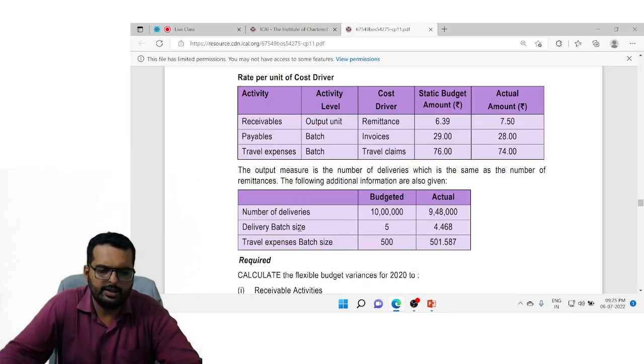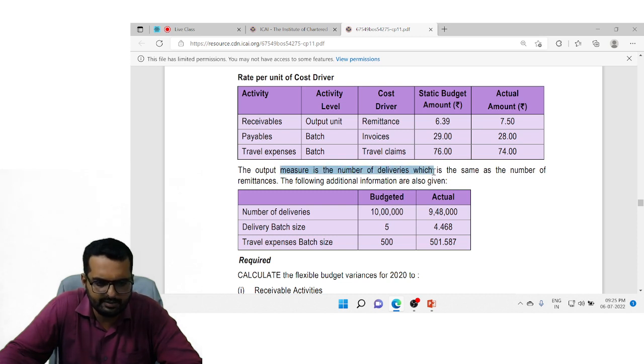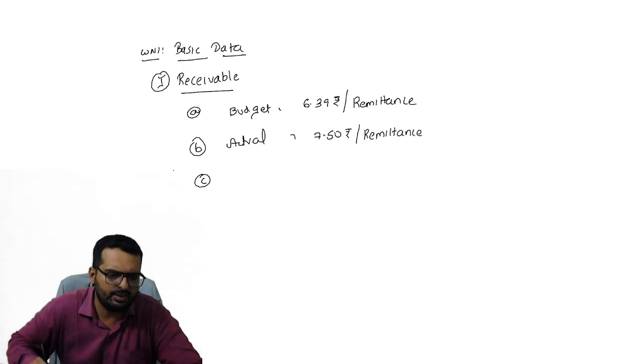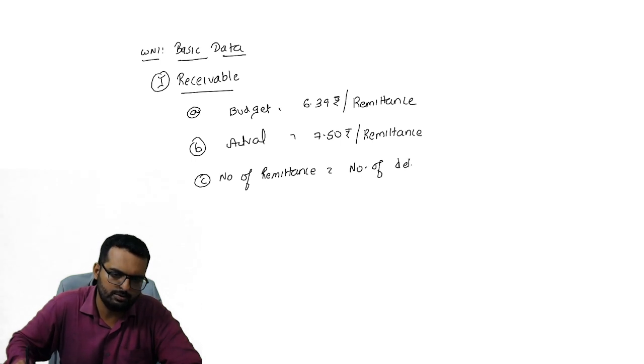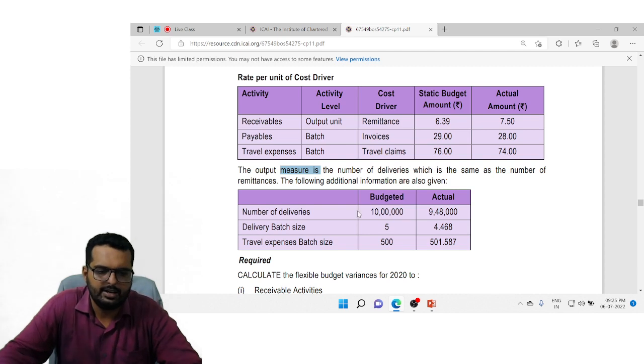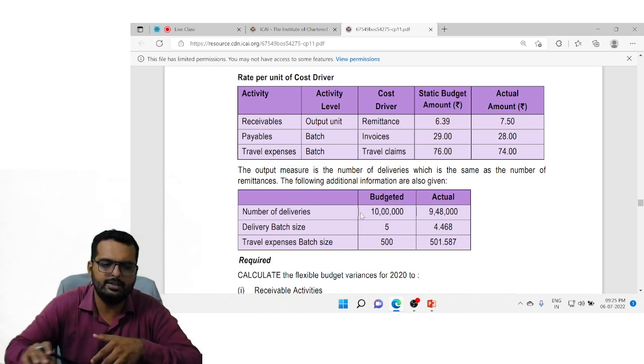When you come down, they have told output measure is number of deliveries, which is the same as number of remittance. So I'll write down number of remittance is equal to number of deliveries.